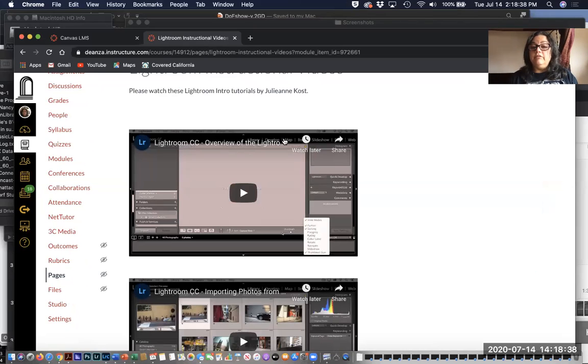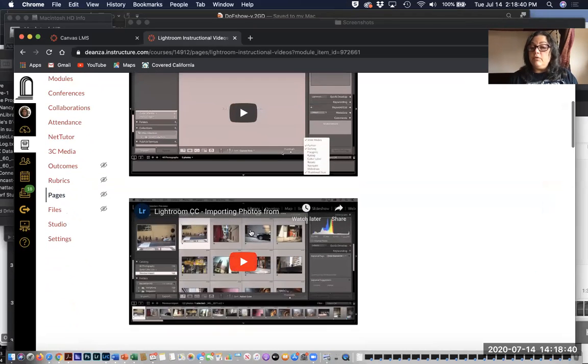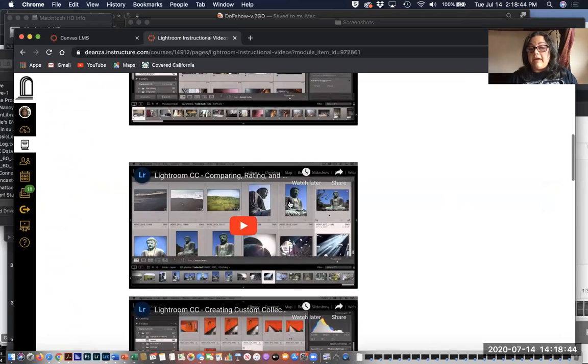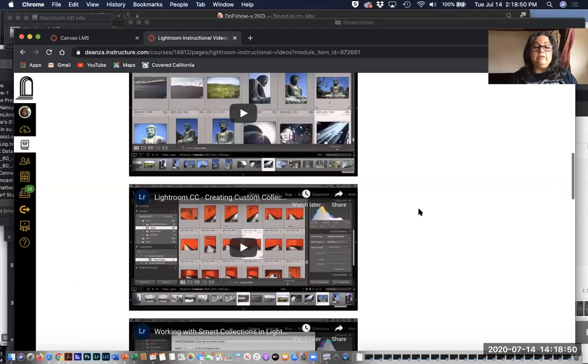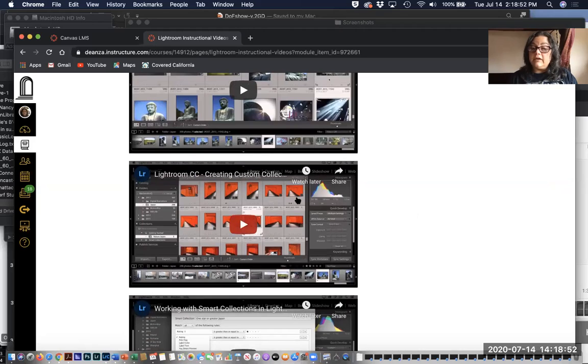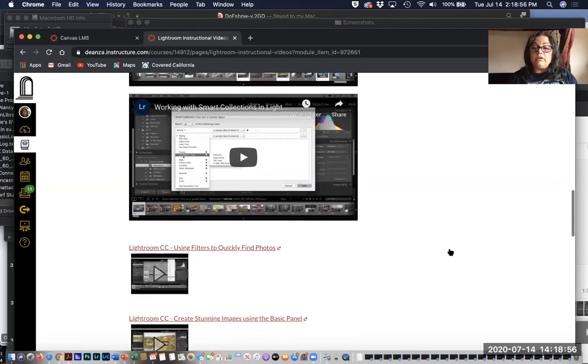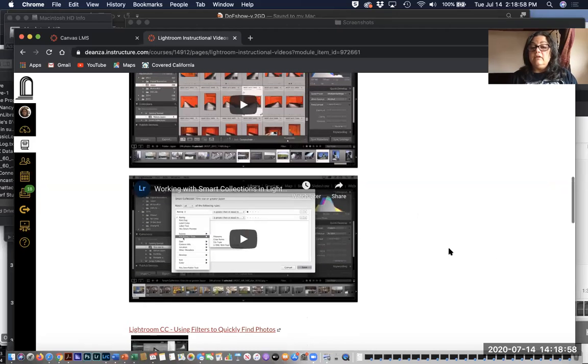There's an overview of Lightroom, importing photos into Lightroom, rating those images, and there are different ways of rating and organizing them, creating collections and smart collections. So please watch these videos.